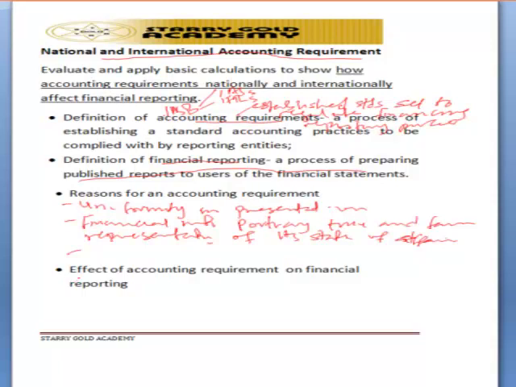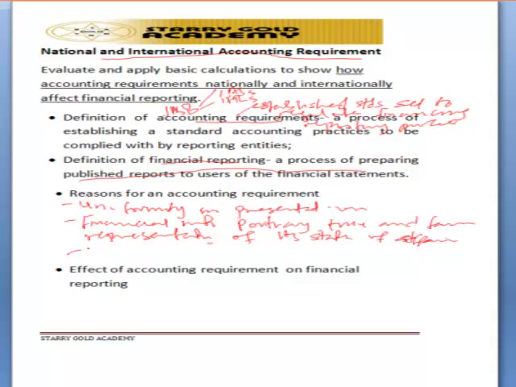It has an implication. It normally affects the understanding of users of the financial statements. It means you are misleading, you are misrepresenting information in that financial statement, which does not actually address the true situation of the reporting entity.